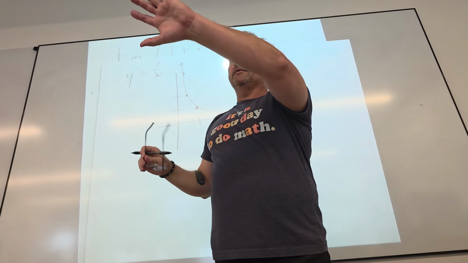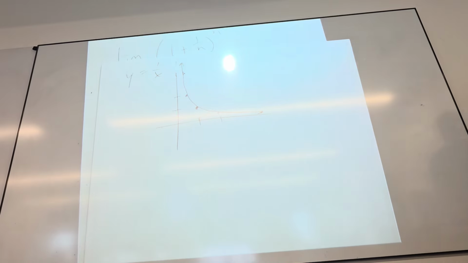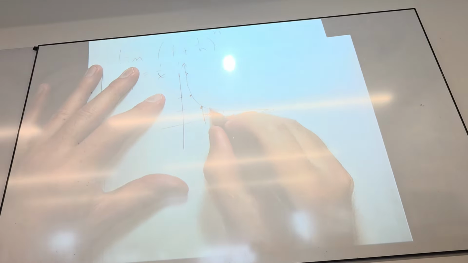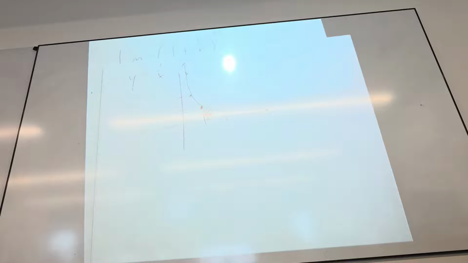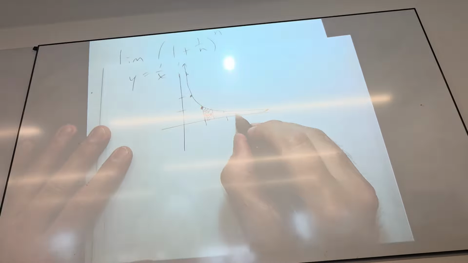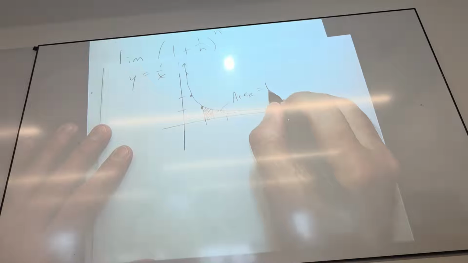But here's where e comes out. This is such a tricky thing. I love this. If I start at 1 and if I move a little bit, do you see how I made a little area here? Do you see how there's a little area between the function and the x-axis? The question becomes, how far do I go until this area is exactly 1?